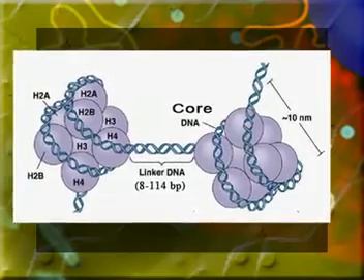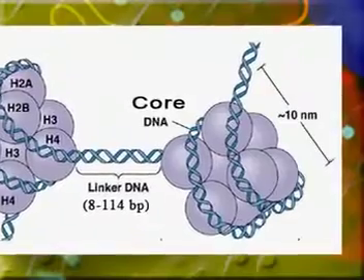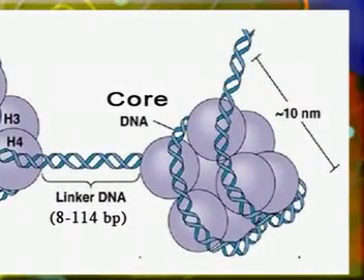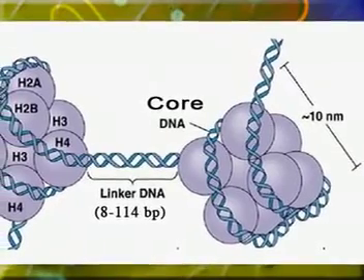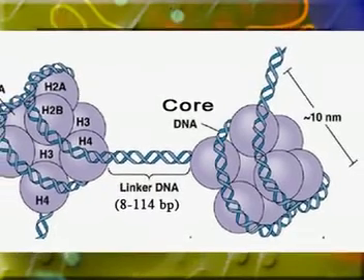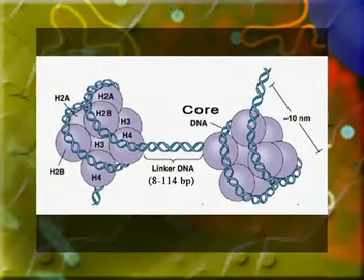The core DNA has an invariant length of 146 base pairs and is relatively resistant to digestion by nucleases. Linker DNA, the DNA between core particles connecting nucleosomes in chromatin, comprises the rest of the repeating unit, with a length varying from as little as 8 base pairs to as much as 114 base pairs per nucleosome.